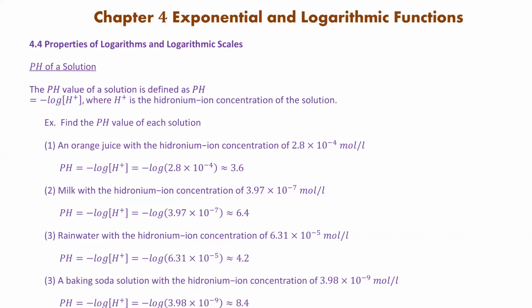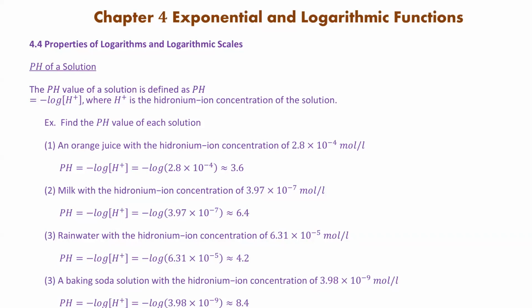The pH value of a solution is defined as the negative log of the concentration of the hydronium ion. So it's the negative log of that concentration. All right. That's how you define the pH value of the solution.